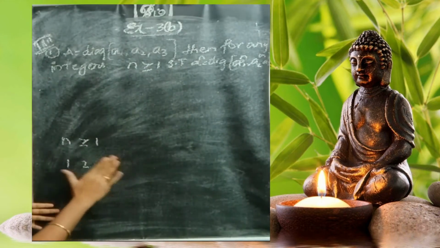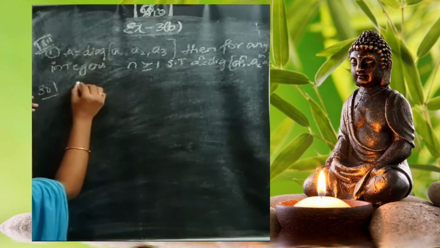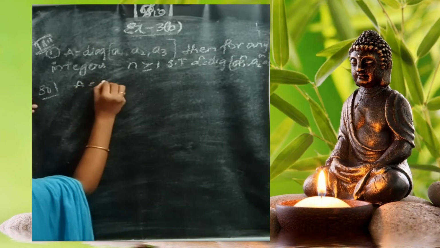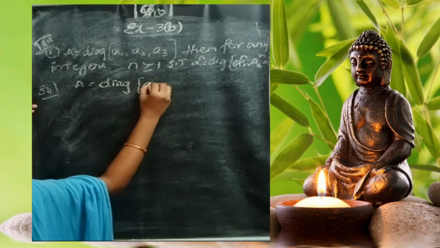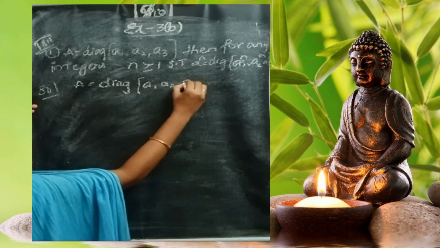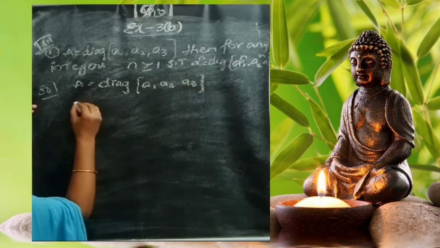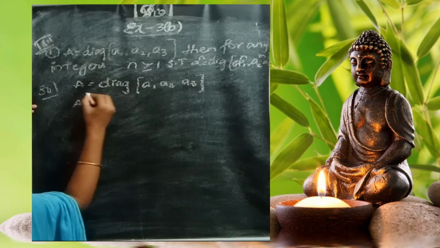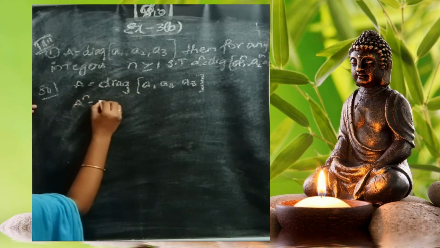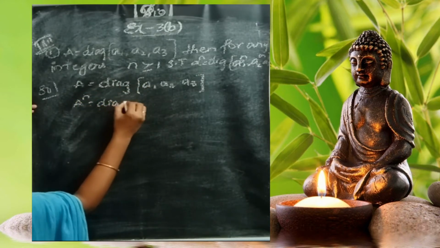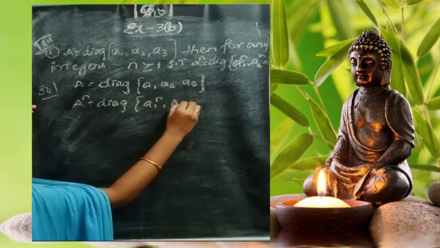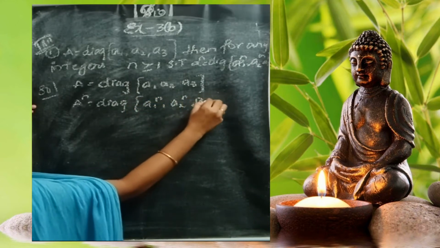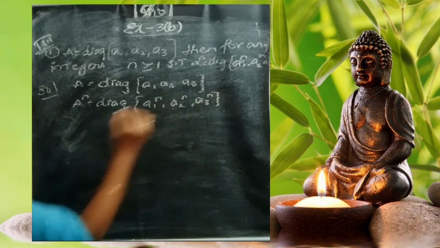Okay, let's get started. First, we'll write what they have given: A equals diag a1, a2, a3, and that means A power n is diag a1 power n, a2 power n, a3 power n.